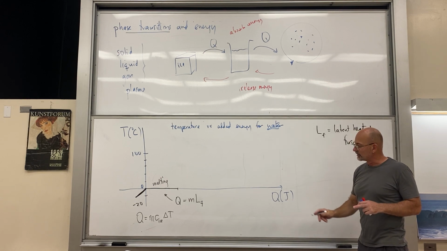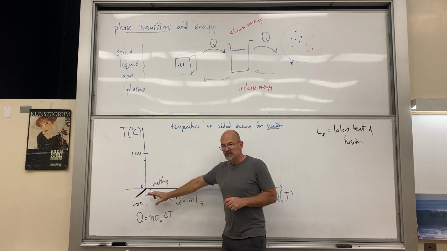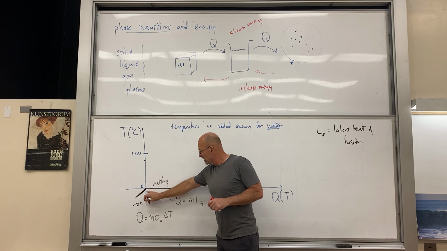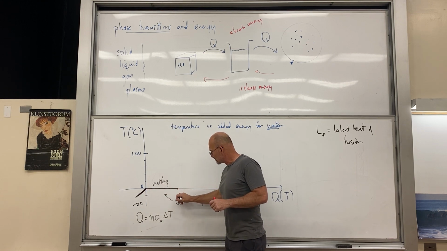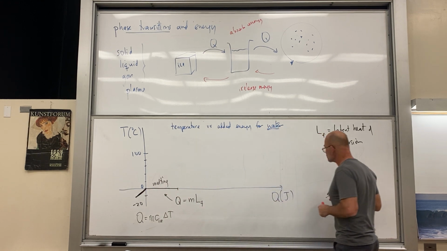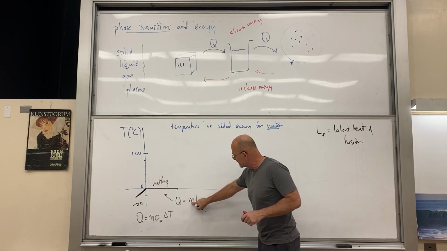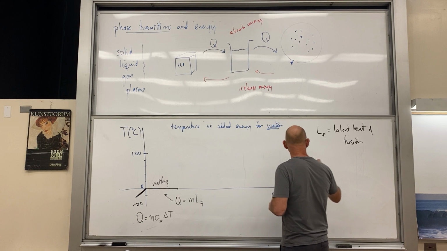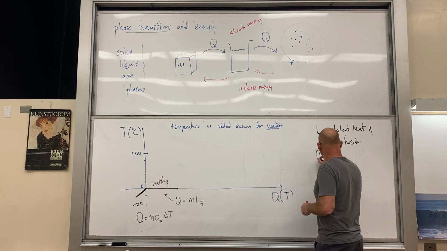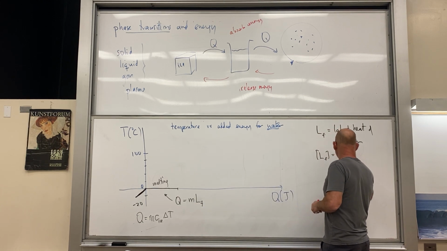This is really interesting because this is an enormous amount of energy that it takes just to melt ice to water without changing the temperature. And so the units, since this is joules and this is kilograms, it's joules per kilogram. So L sub F has the units joules per kilogram.